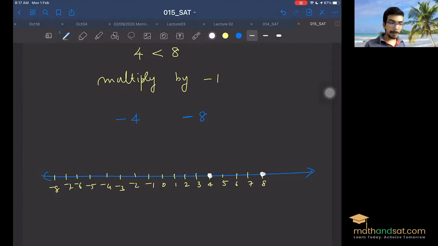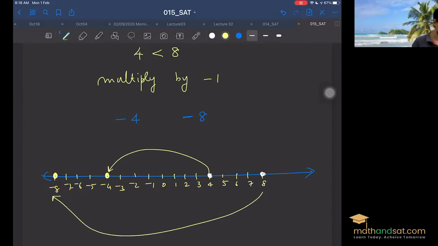But when you multiply it with -1, the numbers become -4 and -8. So -4 is here, -8 is here. So 4 jumps to this place, 8 jumps to this place.